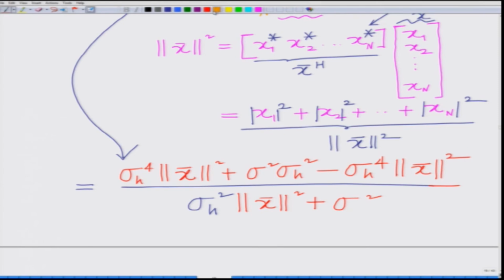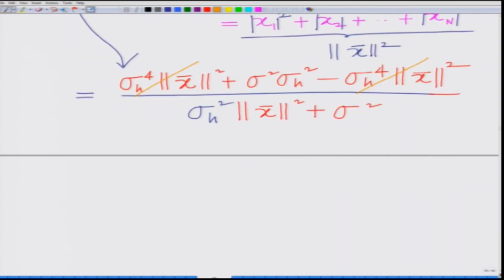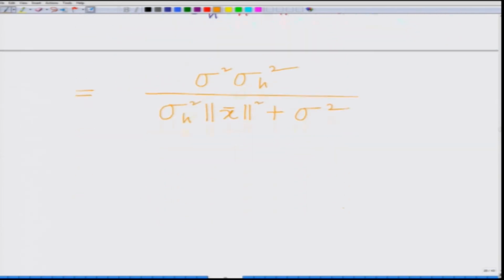And you can see the sigma h power 4 norm x bar square terms cancel, and what you are left with is sigma h square sigma square divided by sigma h square norm x bar square plus sigma square.